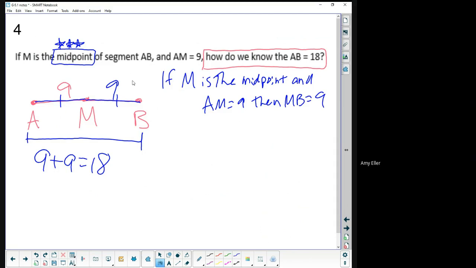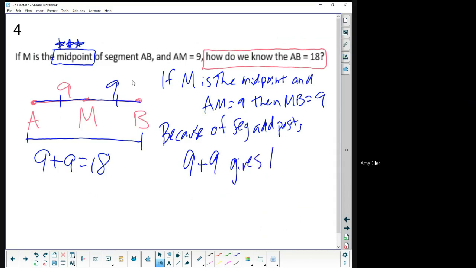So I'm going to say, because of segment addition postulate, 9 plus 9 gives AB.